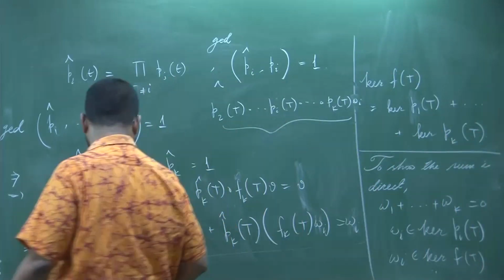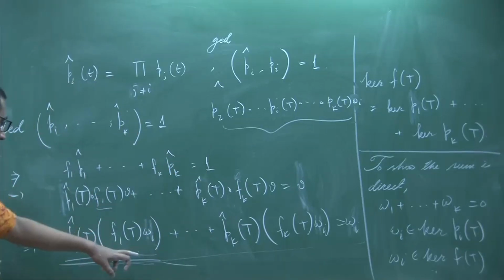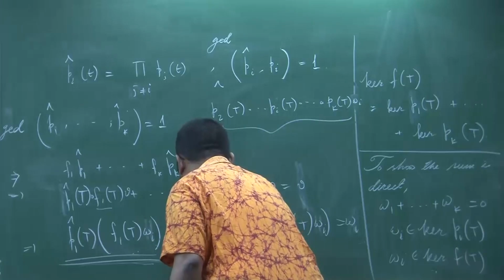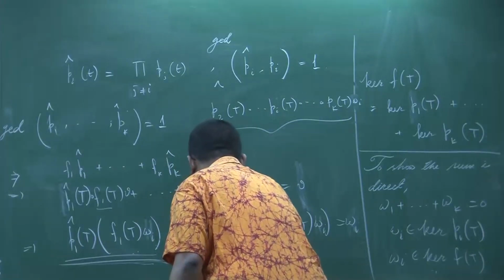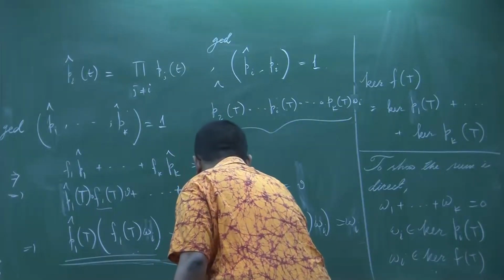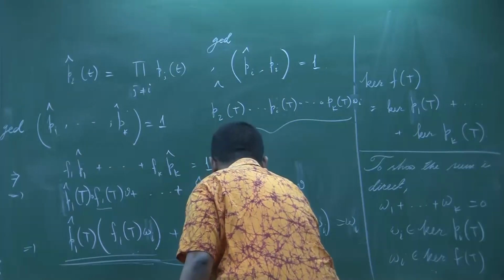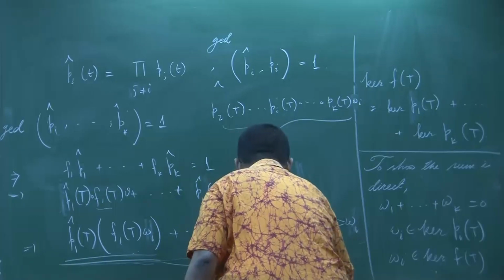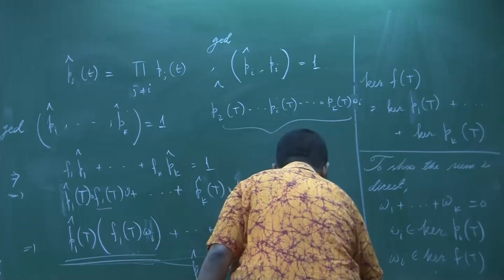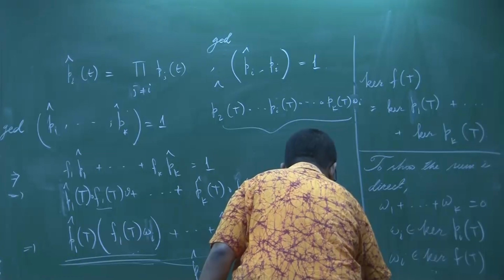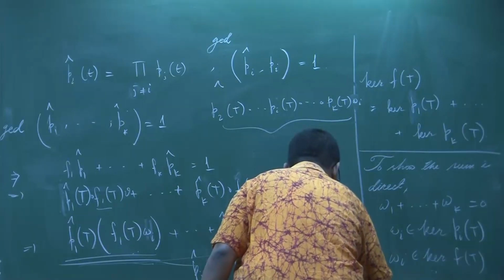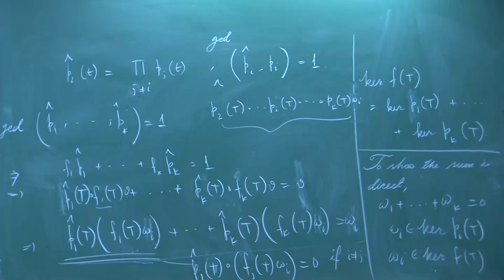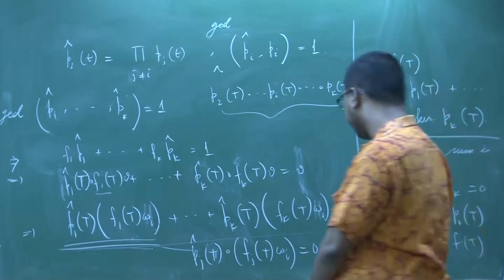So, more generally, Pj hat t composition Fj t applied to Wi is 0 if i is not equal to j, right.